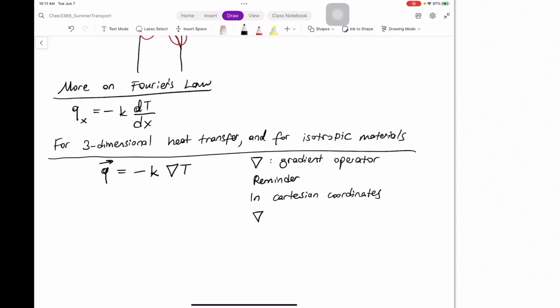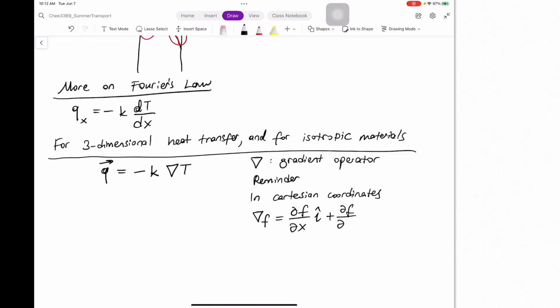the gradient of any function f is a vector which has the x component as del f over del x. So the x component is the derivative with respect to x. And if you want to denote the x component, you denote it with i. So we're going to use the ijk convention here. Plus, i means the unit vector along the x direction.